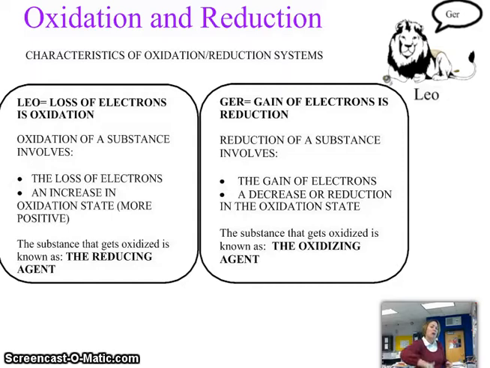LEO, loss of electrons, is oxidation, and if you lose negatives, your charge goes up, and your secret spy name is the reducing agent, because you make someone else gain. GER, if you gain electrons, you're gaining negatives, your charge goes down, you are reduced, and your secret spy name is the oxidizing agent.